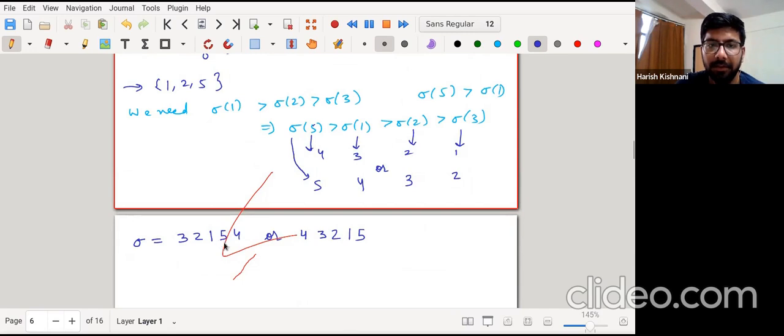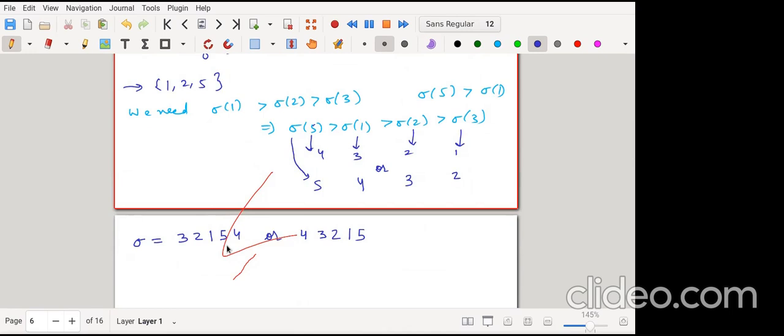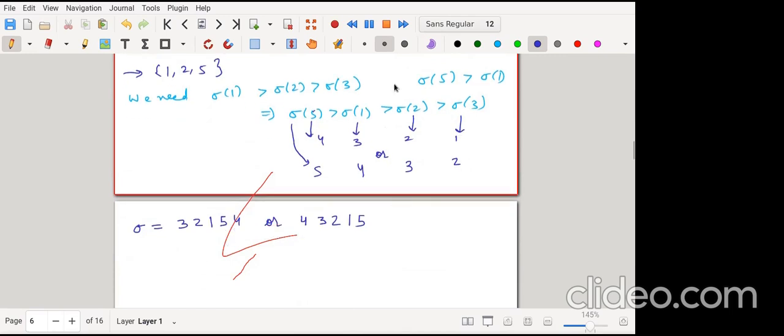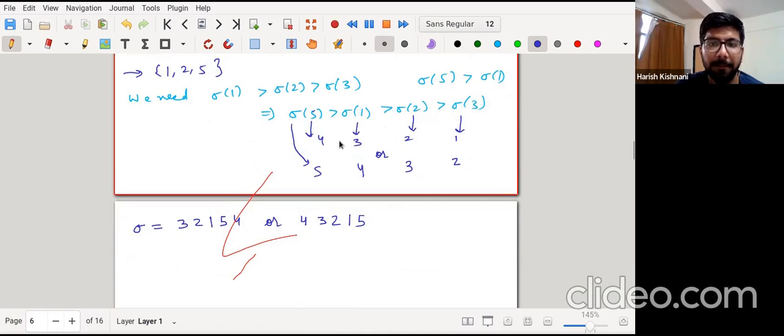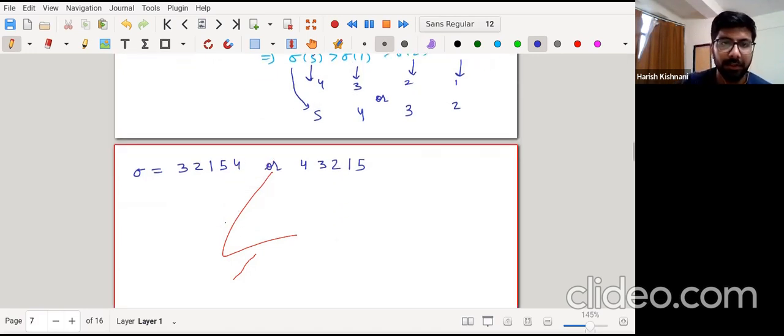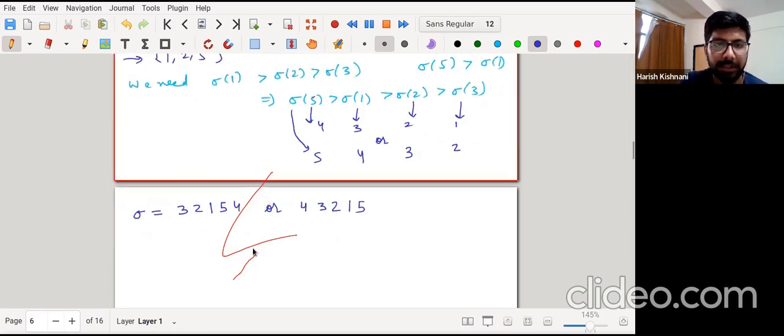Okay, I got your point. So this set has sigma 4 as a descent because sigma 4 is greater than sigma 5, and here sigma 3 is a cyclic descent.